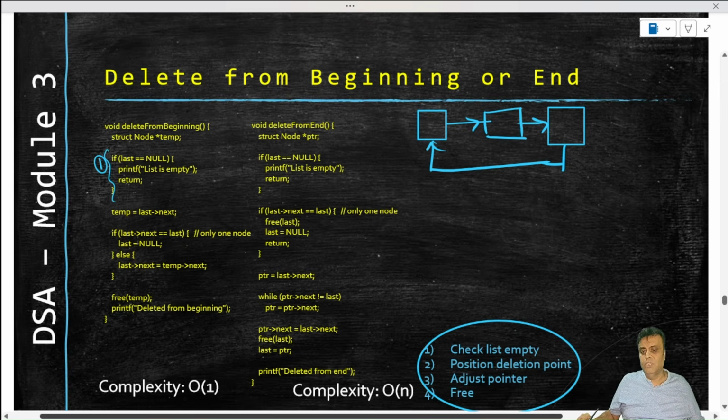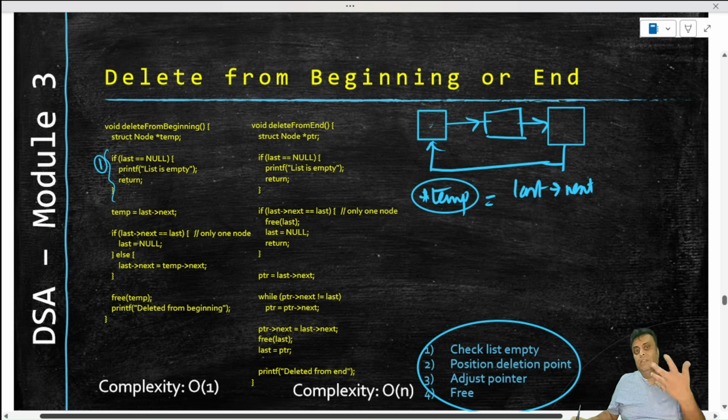Now what you are doing is, you are trying to store this particular first element inside a variable called temp. Why? Remember that we have to delete this element. So we need a reference to this element stored somewhere as last arrow next. So our last arrow next is the first element, which is the head. So temp in turn becomes head.